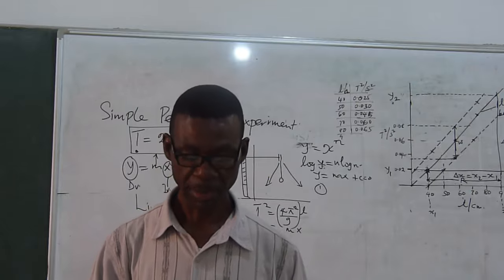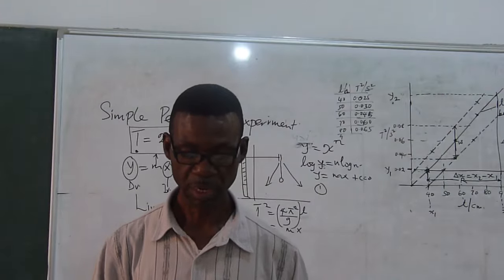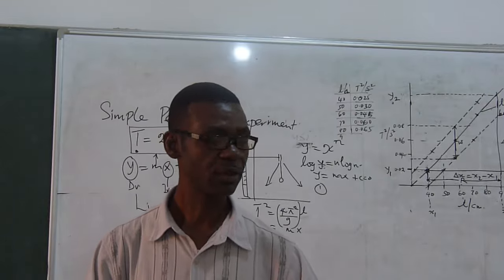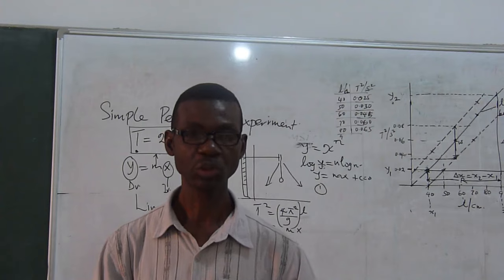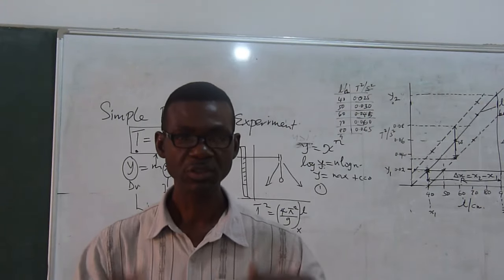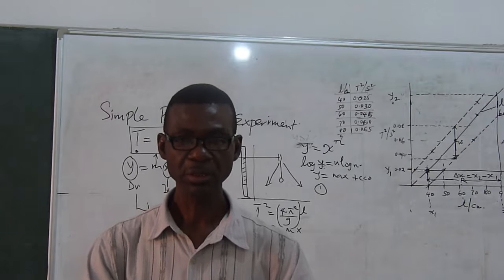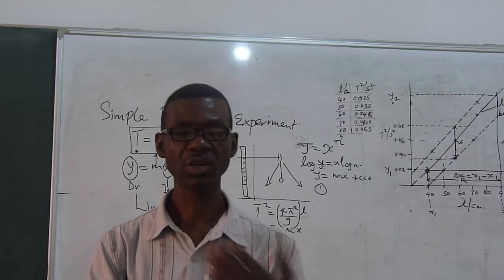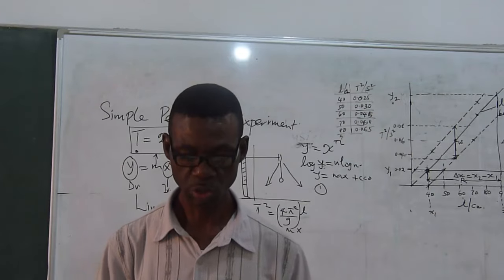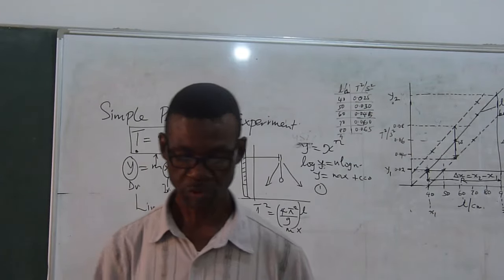After that, there must be the procedure. Like I said, for most of the experiments you'll be performing in the laboratory at this level, we have supplied you with the procedure. So every experiment has its procedure. You may not necessarily reproduce the procedure, but you can draw diagrams when necessary to show the procedure you have taken.